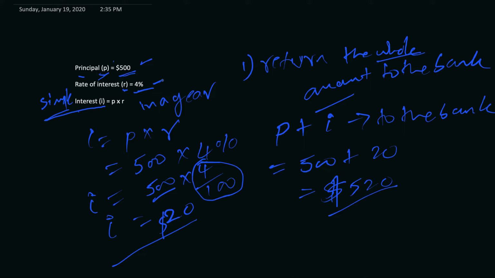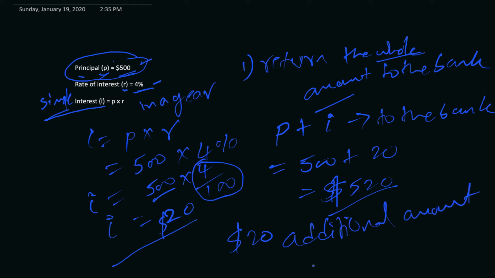If, let's say, instead of borrowing, we have deposited this amount into the bank, you would have expected $20 of additional money in your bank after the end of 1 year.